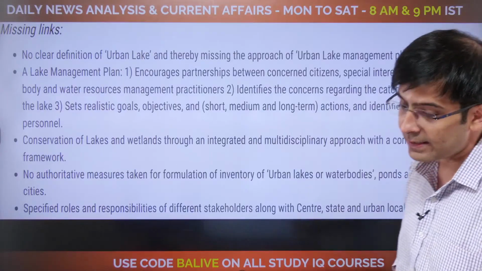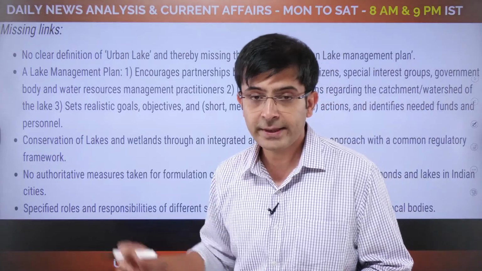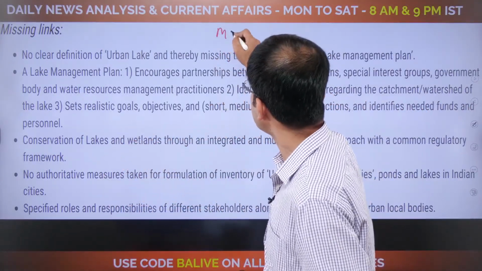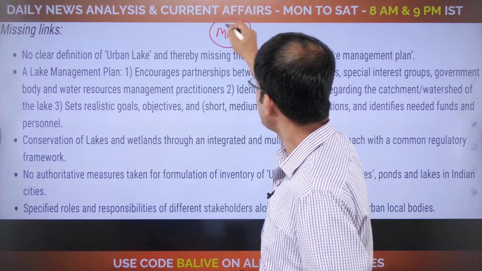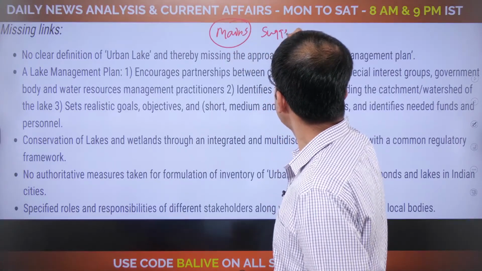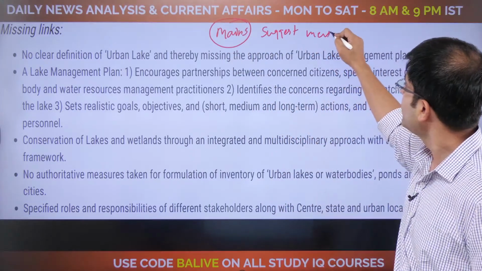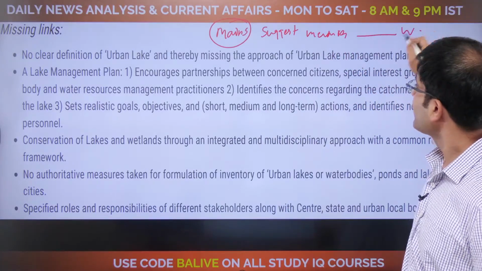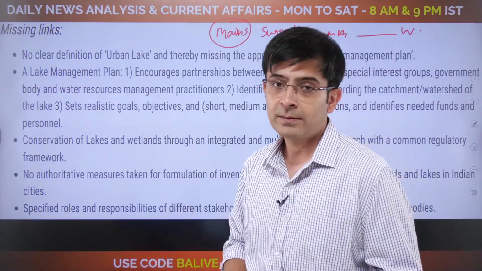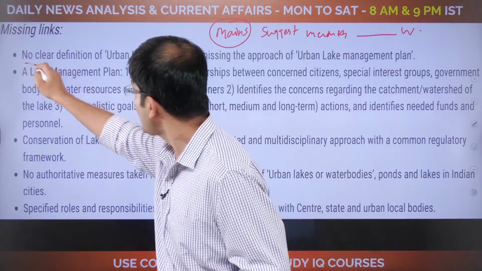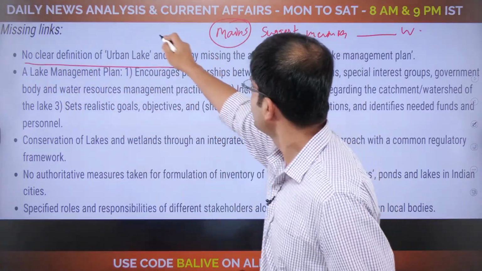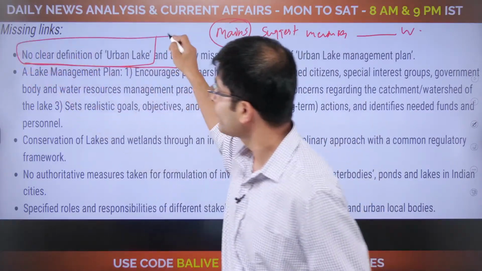Let's look at the missing links now. Okay, the missing links, this will give you the fodder points for the mains answer. So when the question asks you to suggest measures to improve wetlands in India, include these points, please. So first one, no clear definition of urban lake. Primary problem.